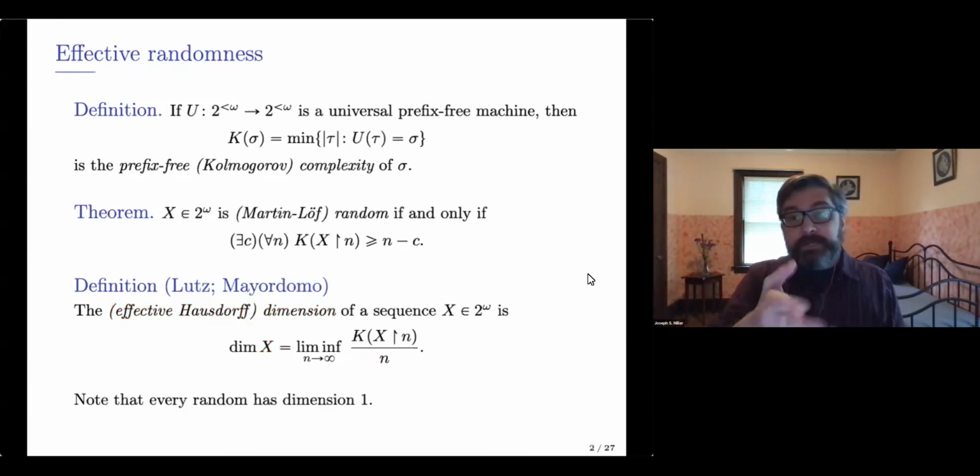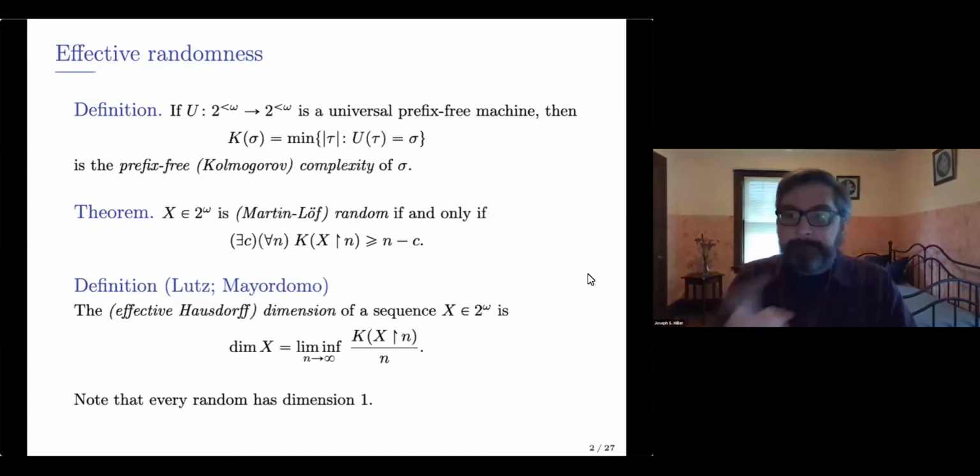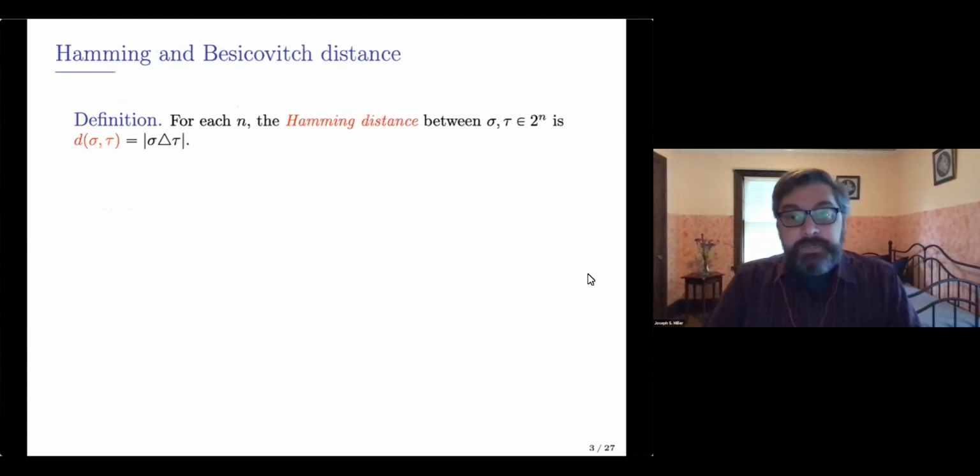Okay. Now, it's easy to see from this definition that every random has dimension 1. It's also very easy to see that not every dimension 1 sequence is random, but I'll come back to that. I also want to introduce a couple of other notions, Hamming and Besicovitch distance. The Hamming distance between two strings is just the number of differences between them, the size of the symmetric difference.